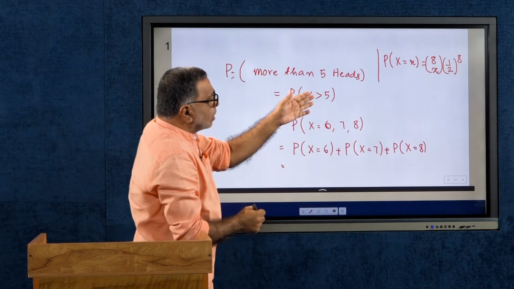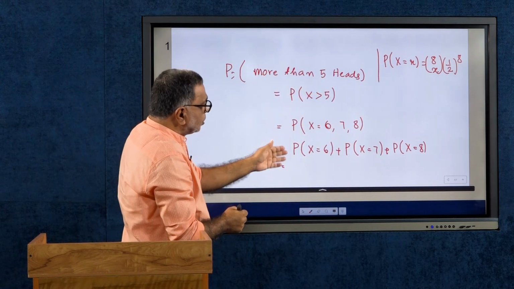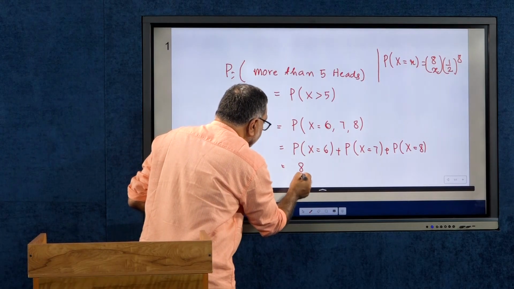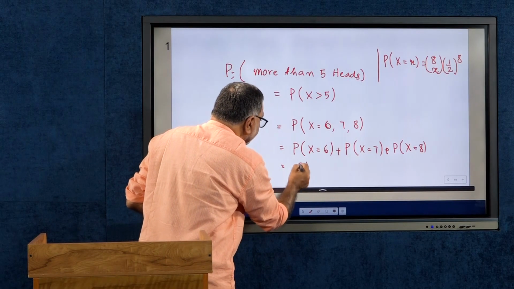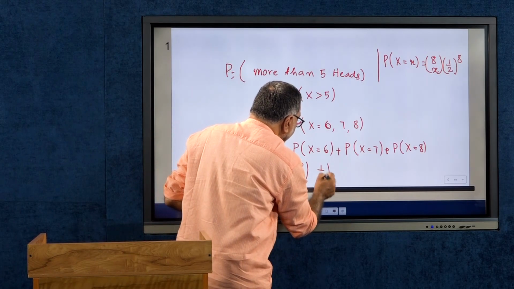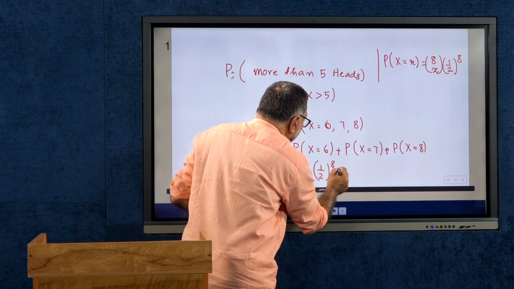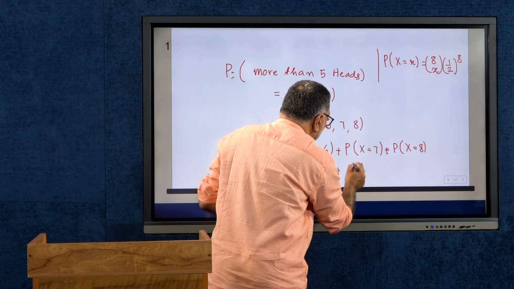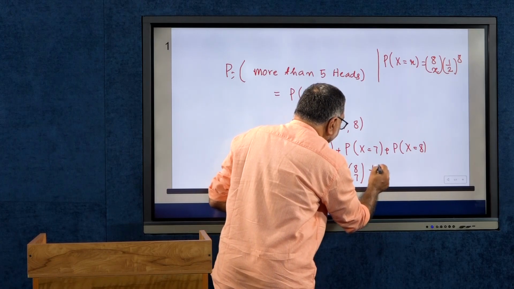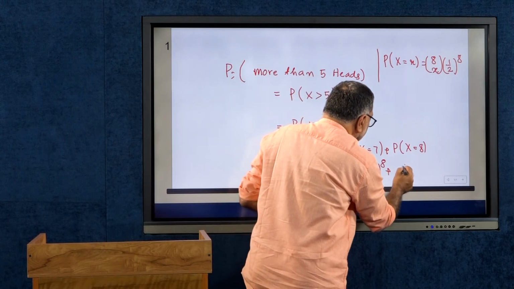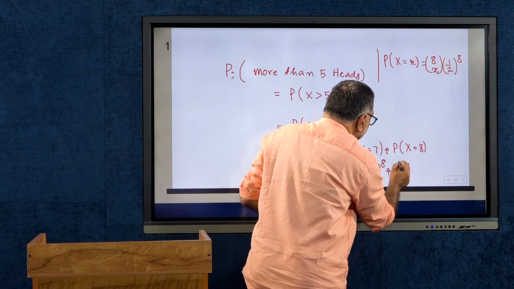So, corresponding to that, you substitute the value of x as 6. So, this is 8C6 (1/2)^8 plus 8C7 (1/2)^8 plus 8C8 (1/2)^8.